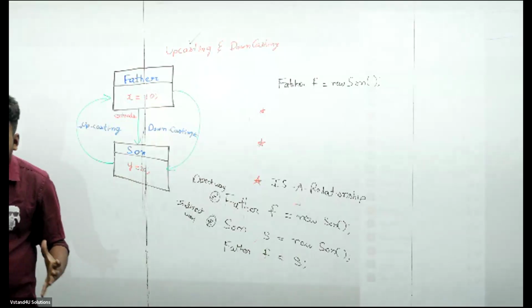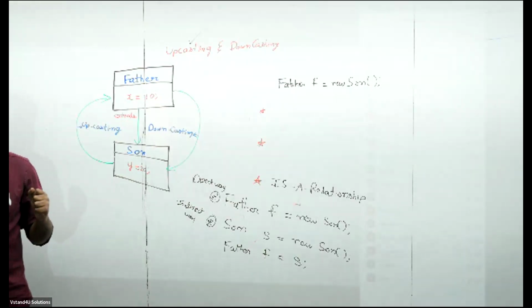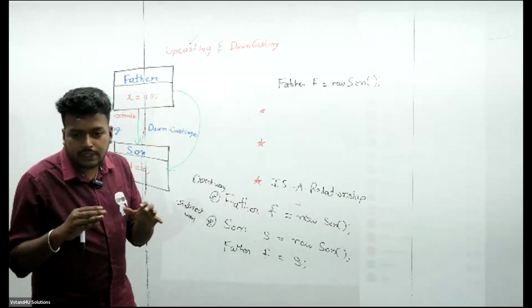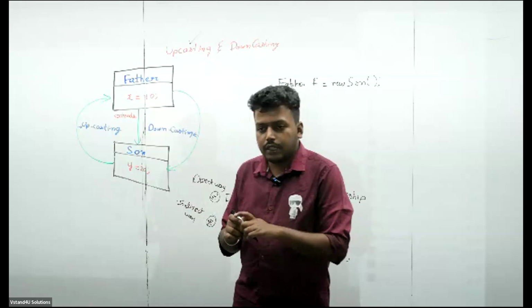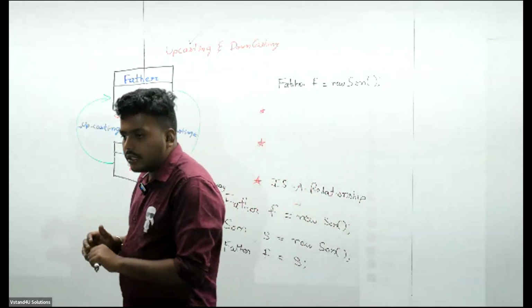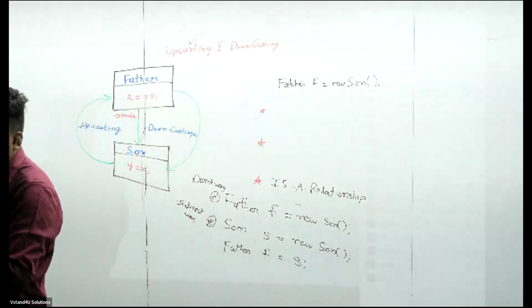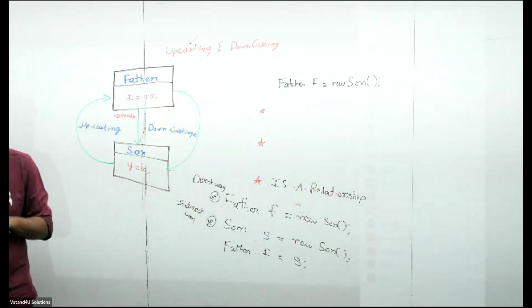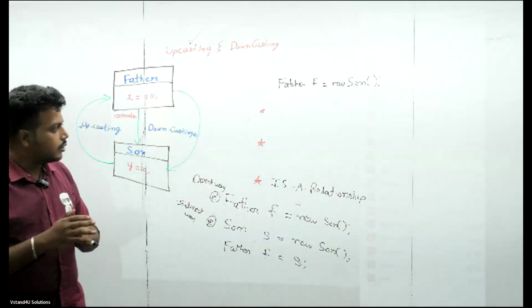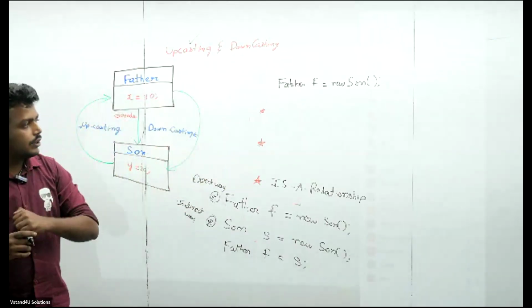Then what is meant by upcasting? When I have created the object of the subclass, for that address of the subclass we are creating a reference of the superclass, it is called upcasting. I will give the notes, so be patient.